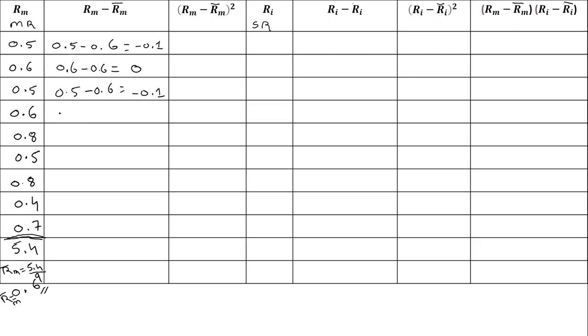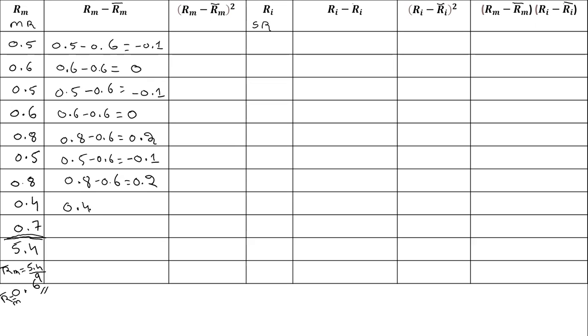Next, again 0.6 minus 0.6, so we will get 0. Next, 0.8 minus 0.6, so we will get plus 0.2. Again next 0.5 minus 0.6 is equal to minus 0.1. Again 0.8 minus 0.6, so we'll get 0.2.